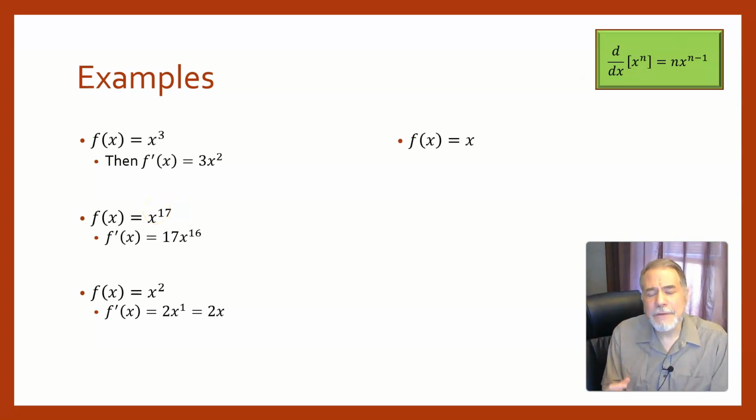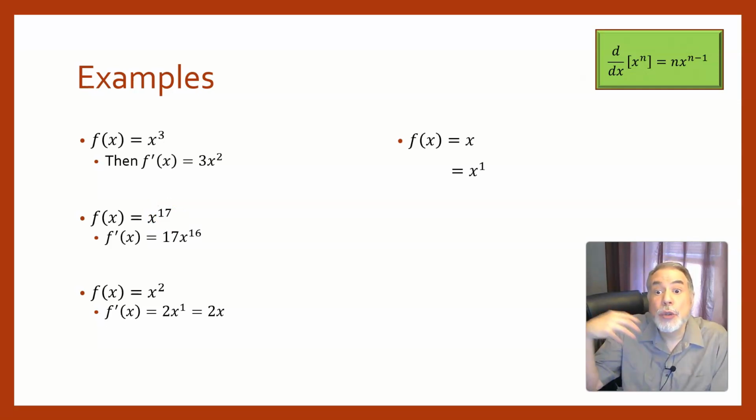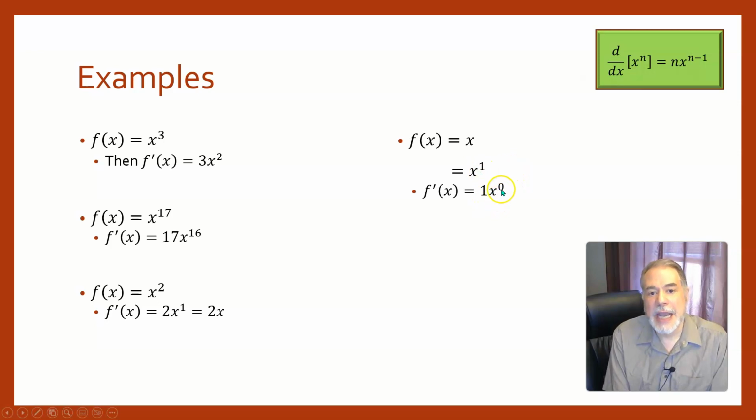What about if f of x is x? Now we already know what the derivative of that is, but we could use the power rule on this because we could think of x by itself as being x to the 1 power. So now using this rule, with the part of n being played by the number 1, we get that the derivative is 1 times x to the 0 power.